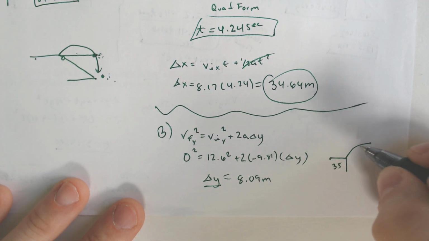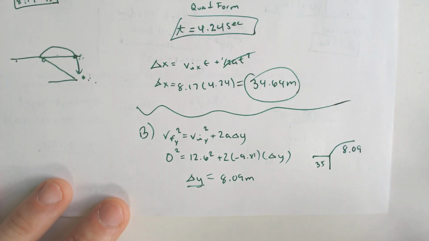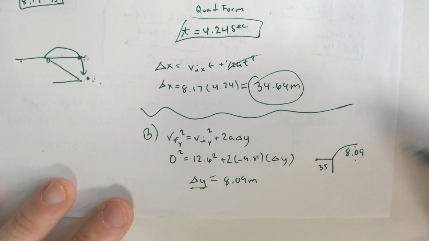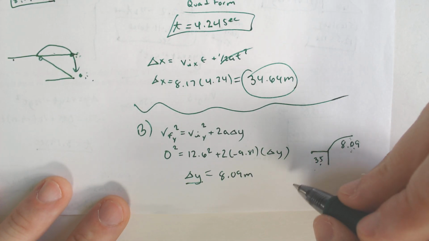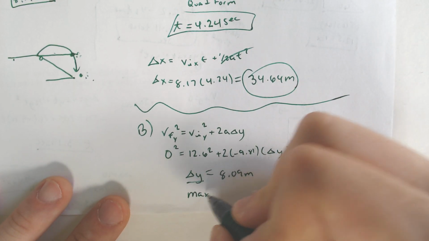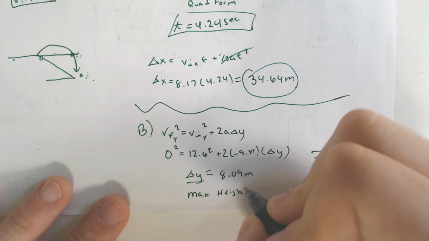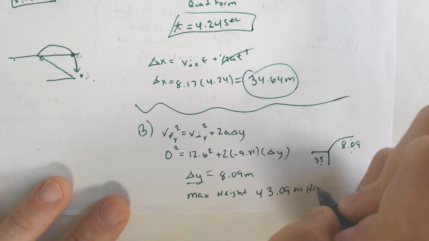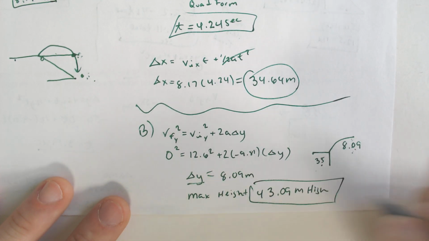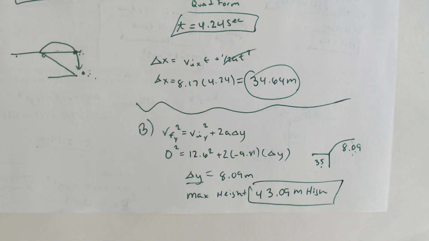We went higher than that by 8.09, that is our change in height. So 8.09 and the 35 end up equaling in total a max height of 43.09 meters high. Okay? Make sure that you recognize delta y doesn't always tell me my max height. It tells me my change in height. All right?